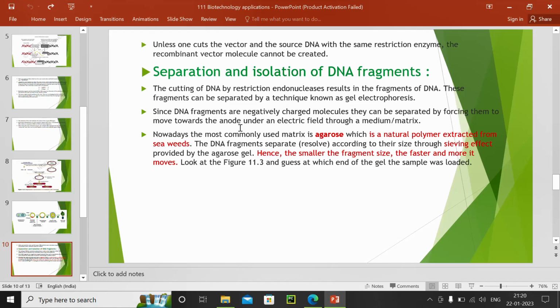Here, the anode acts as the positively charged electrode, an electric field is applied, and the medium is the gel to separate the DNA molecules.